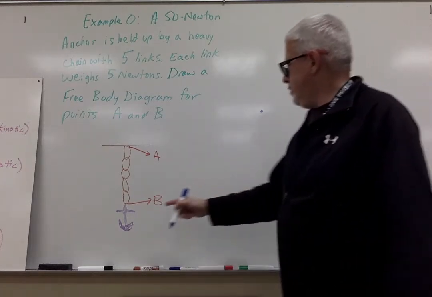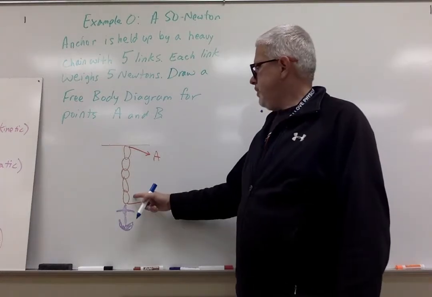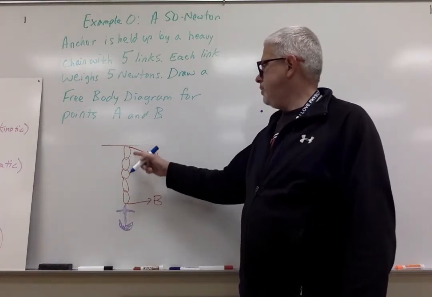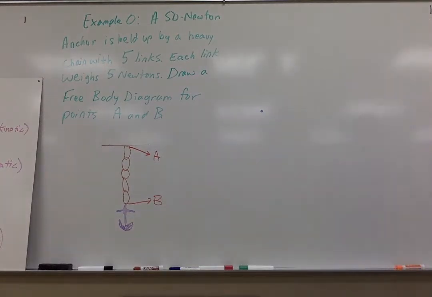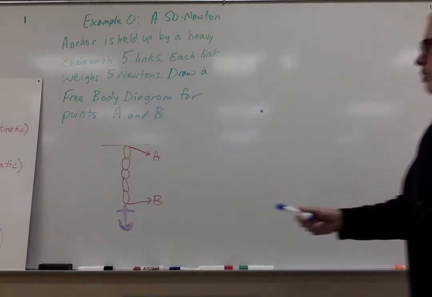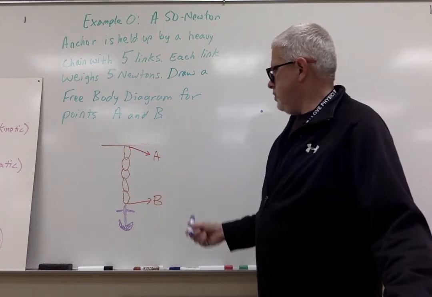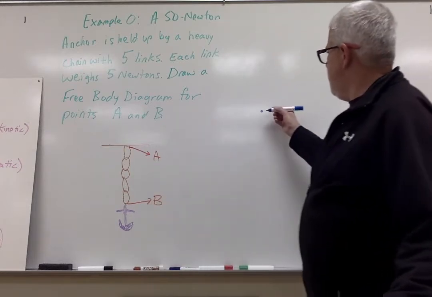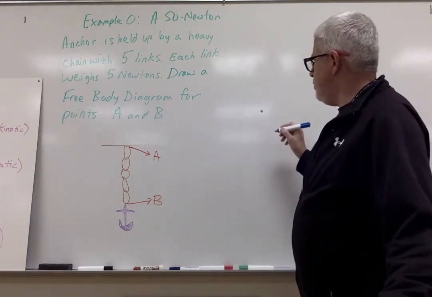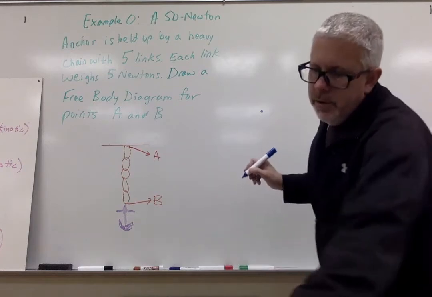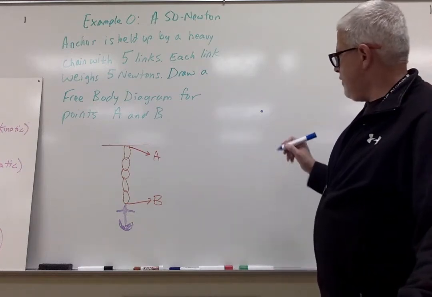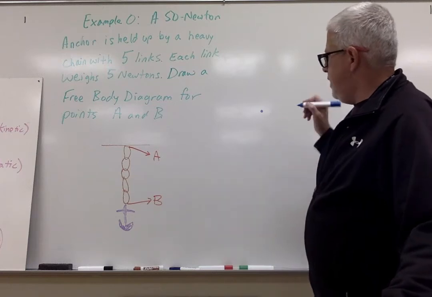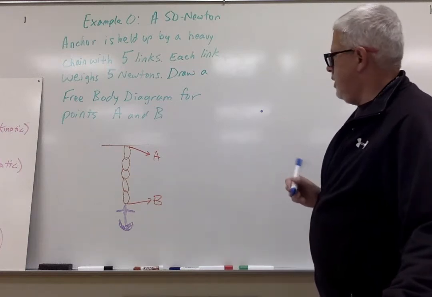Here this is a 50 newton anchor, and 5 newtons, 5 newtons, 5 newtons, 5 newtons, 5 newtons. So 25 newtons of weight in the chain. Point A doesn't know which part of that weight is the anchor or the chain. All it knows is there's going to be a gravitational force down at that point and a tension force acting up.